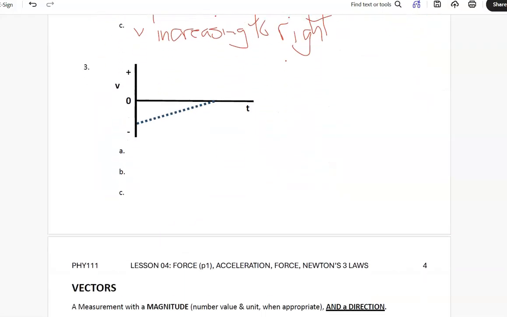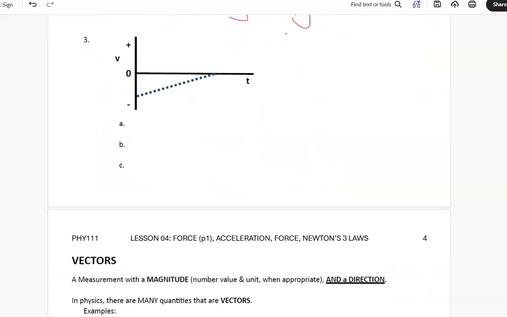Now, sliding down here, we look at number 3. Number 3 is a representation of a velocity versus time plot. These are plots that we've done before, and the solid bars are the axes. So we have a velocity axis and a time axis, and the actual plot of this curve is this line here.